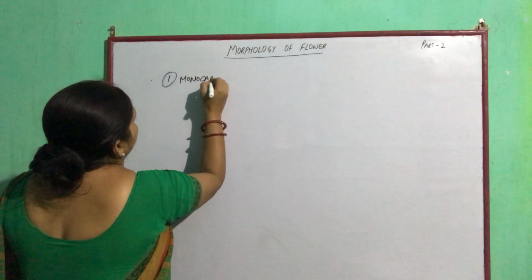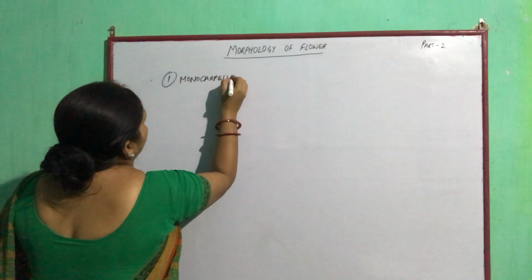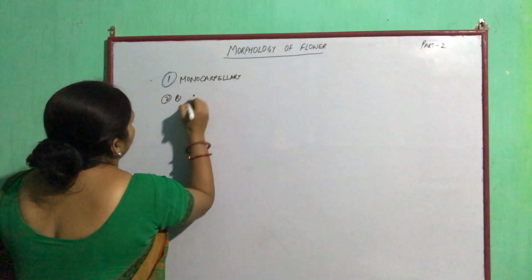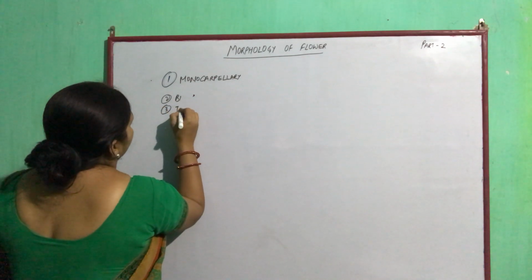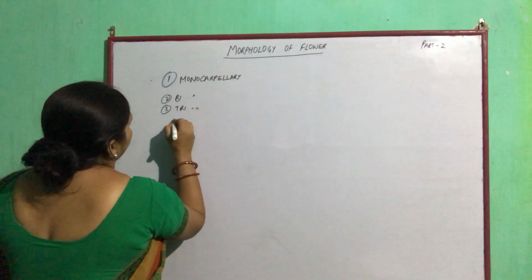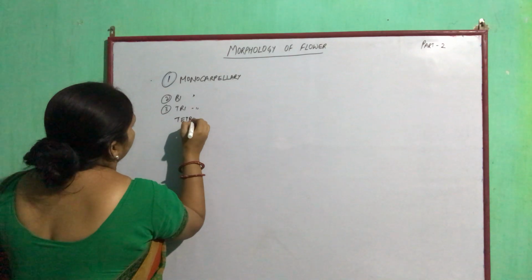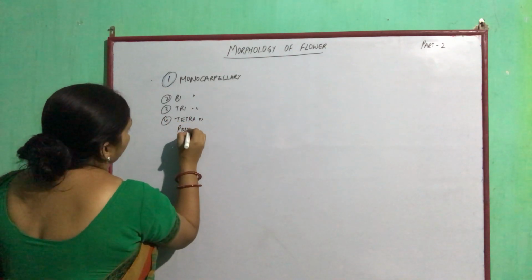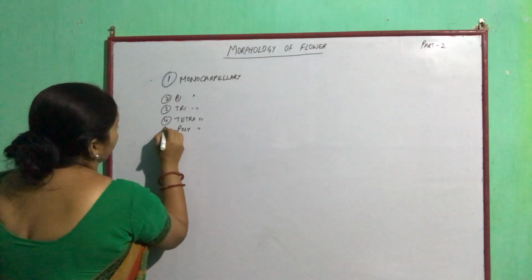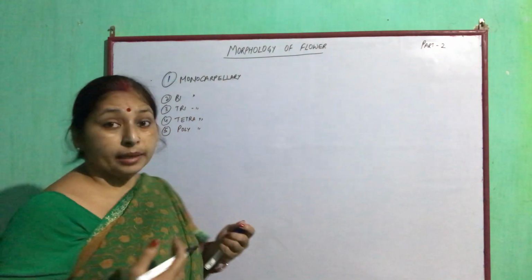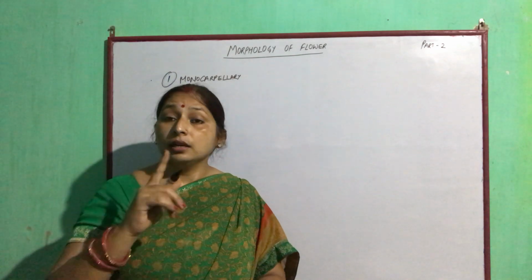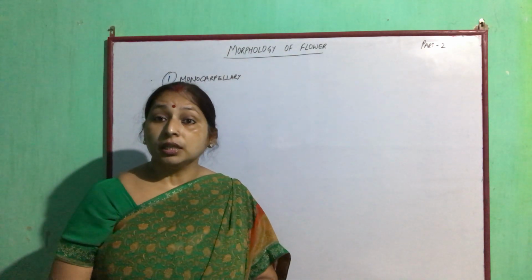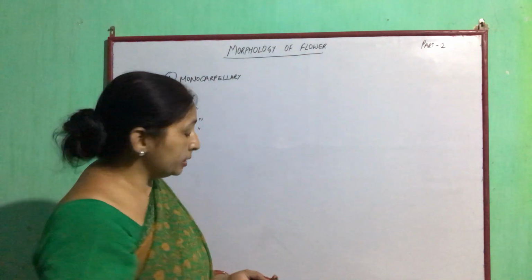Monocarpellary, bicarpellary, tri, tetra, or polycarpellary. By the name also you can understand. If the flower has a single carpel, a single female structure, then it is monocarpellary.